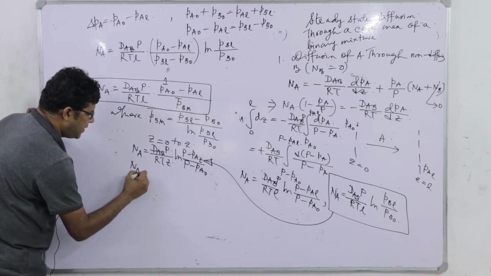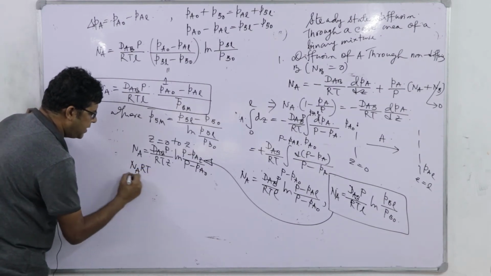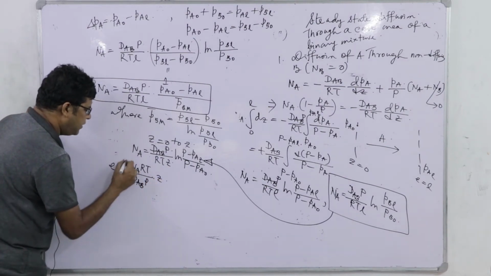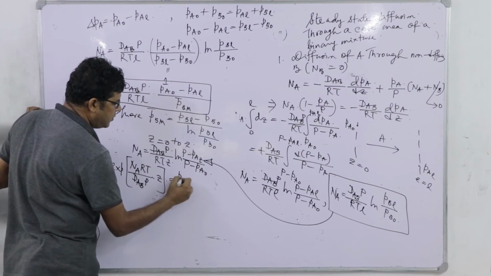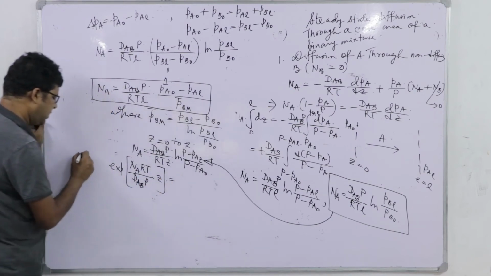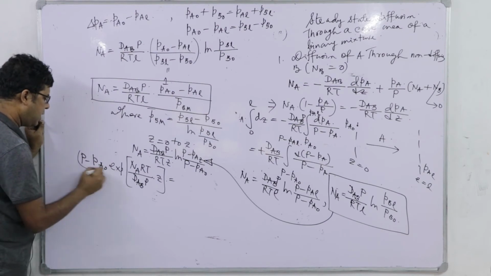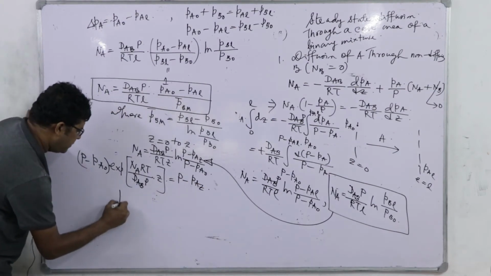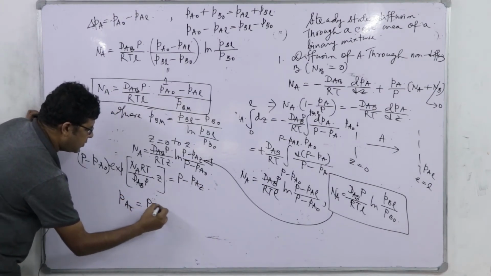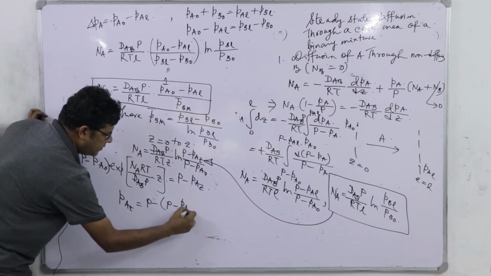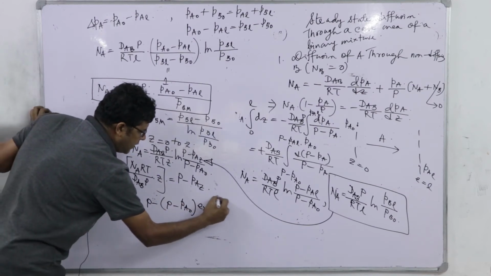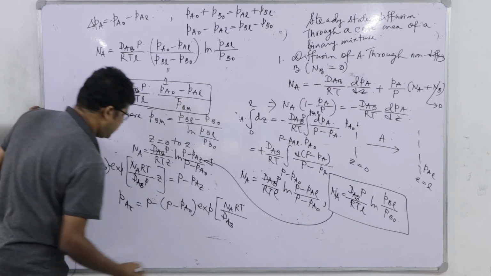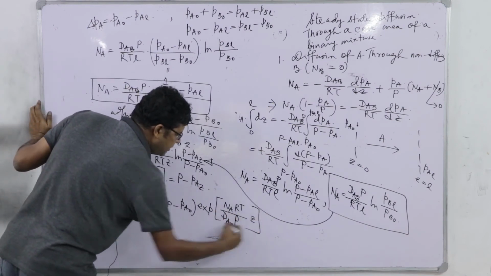So, Na RT divided by dAB into P into Z, exponential of that gives you capital P minus PAZ divided by capital P minus PA0.